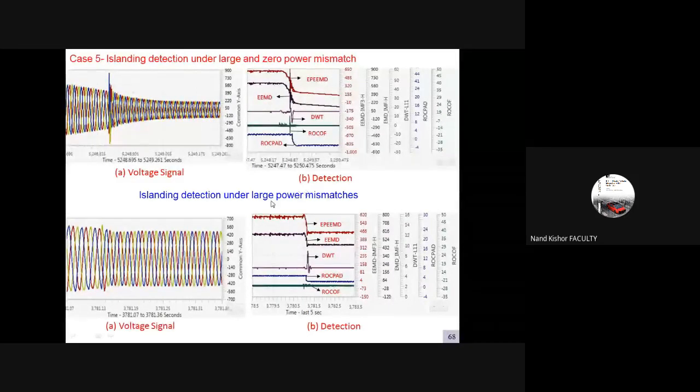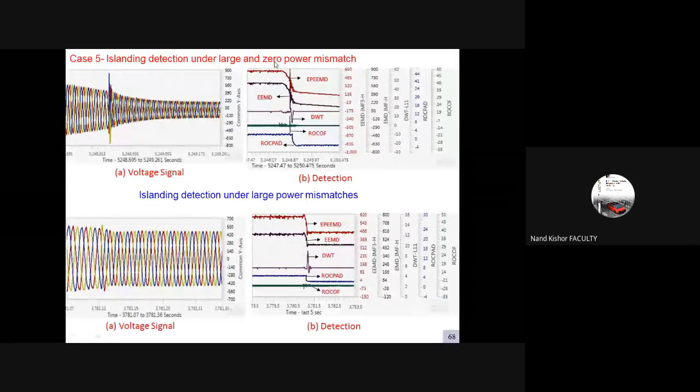This is with the case for large mismatch power, because in fact this is for islanding occurrence under 0.5 power. And because the voltage profile remains the same here, this is for zero mismatch power.